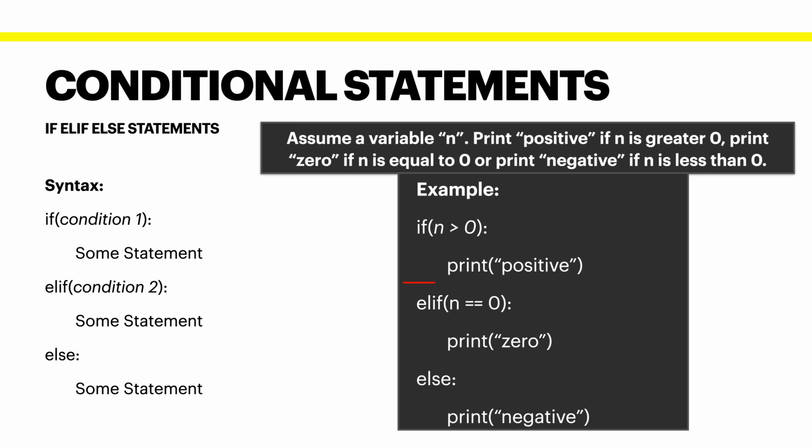So this block checks if n is equal to 0. And if n is equal to 0, then the condition becomes true and it prints 0 on the screen. Now, if the condition is false, then the number is neither positive nor equal to 0. So it will move on to the else block and print negative on the screen.